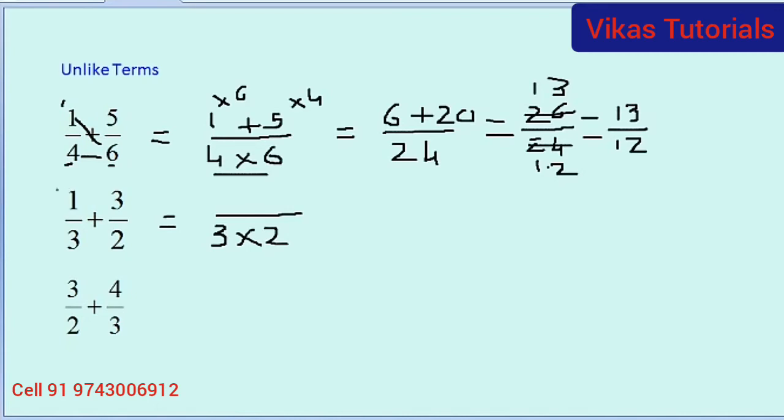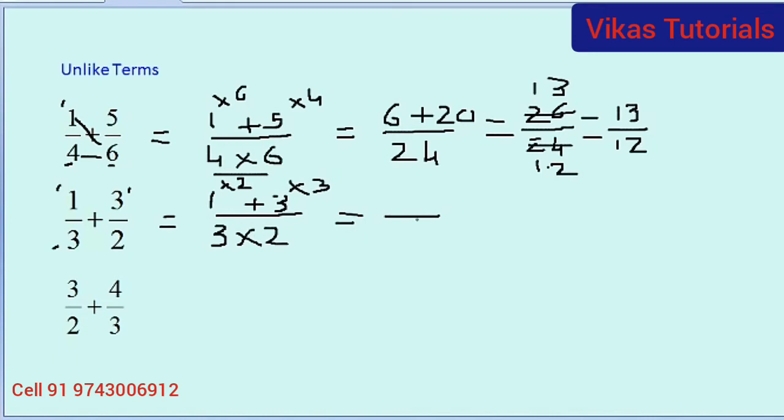This is our first numerator, which is 1, multiplied by the second denominator, which is 2. Okay, the sign is plus. The numerator in the second fraction is 3, multiplied by the denominator in the first fraction, which is again 3 into 3. So let's do the calculations.